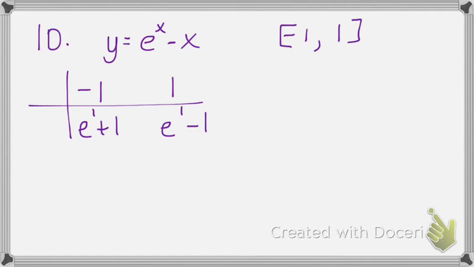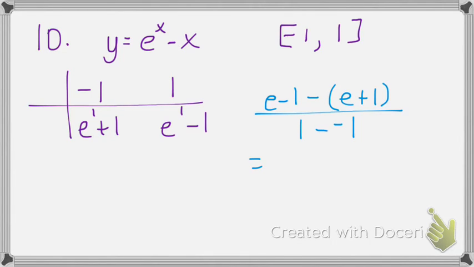Let's find the slope. e minus 1 minus e plus 1 over 1 minus -1. That's negative e and minus 1. So e minus 1 minus e minus 1, that's all a -2 over 2, which is -1.